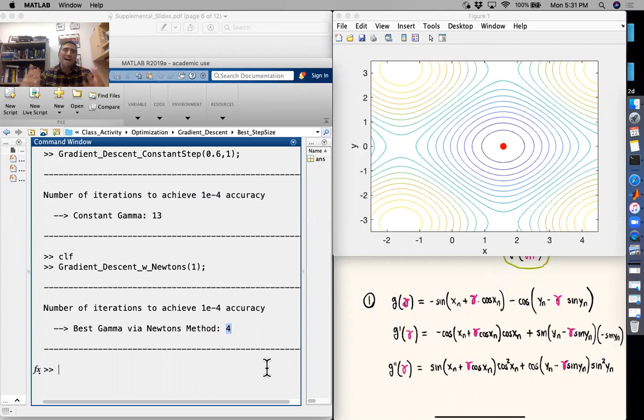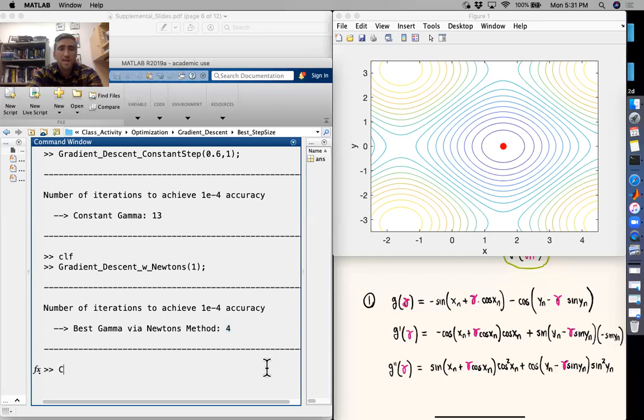But if you're trying out lots of constants for gamma, in a real world practical sense, if we're dealing with a function of hundreds or thousands of variables, it's just not feasible to find the best gamma value for your problem if you have to test your minimization scheme, say 10, 20 times with different gamma values to try and feel it out. So Newton's method really seems to be a lot better in this case.